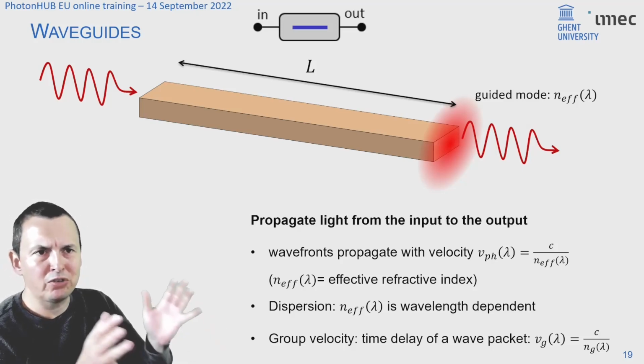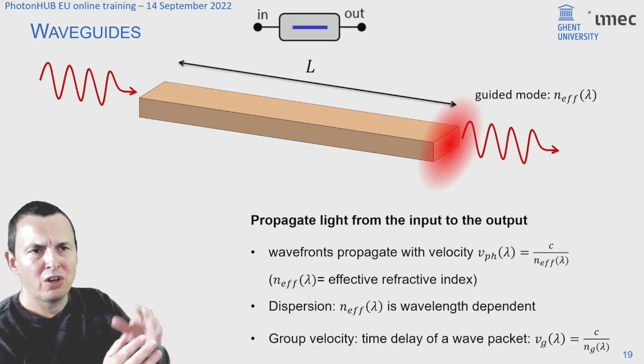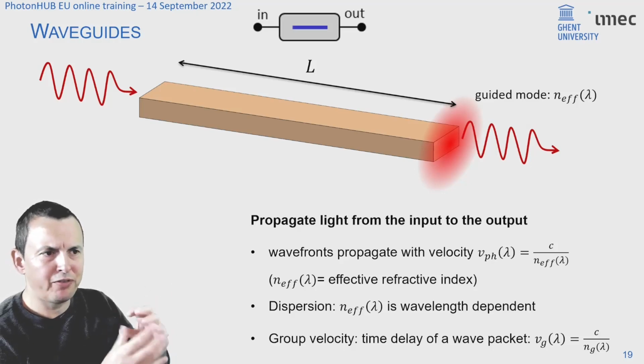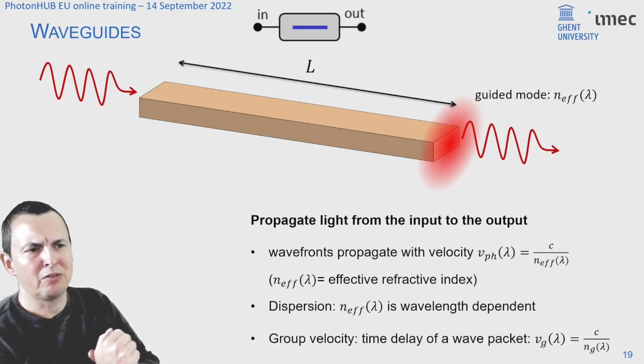But in parallel, you also have a group velocity, which is essentially the speed at which a pulse or a modulated version of that wave will propagate. So the information, really the on-off, for instance, of a digital signal will propagate at a different velocity called the group velocity compared to the crests of the wave of the optical signal.